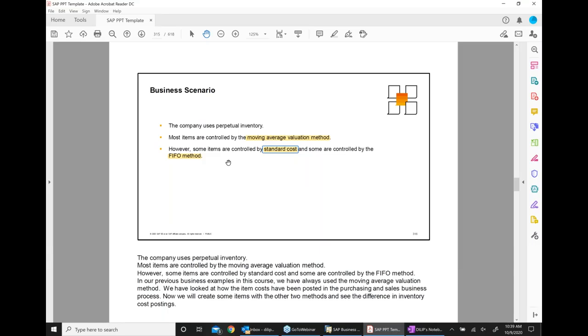Then there is a third option, which is called FIFO. FIFO means first in, first out. Three choices. There is one more. What do these valuation methods do? What is behind these valuation methods? How are they different? Okay, so we'll talk about that.